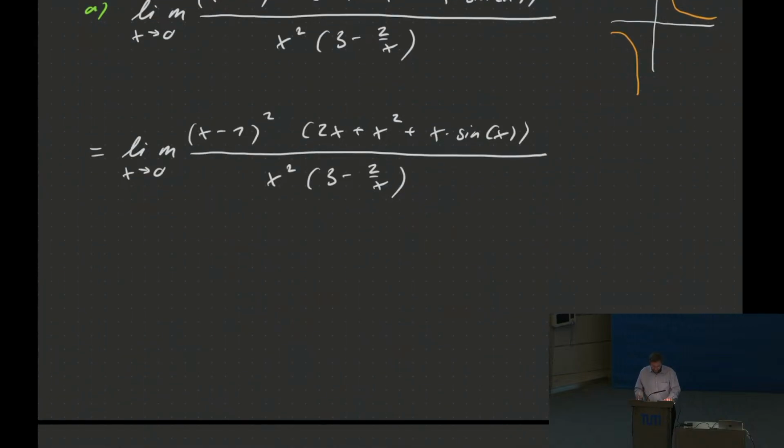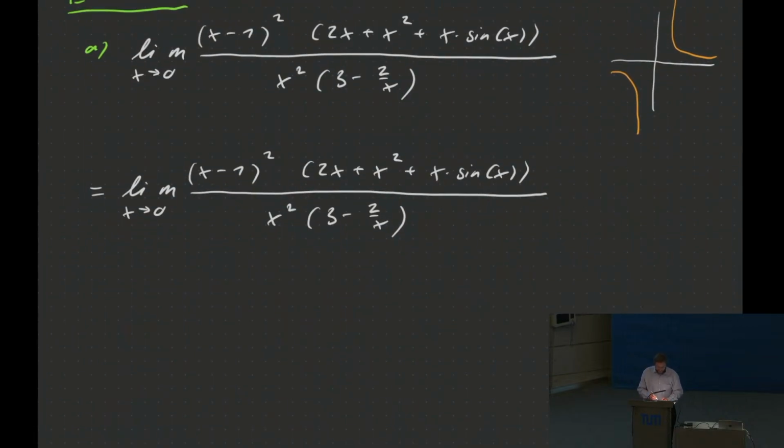Okay, what is the right reformulation? Well, if you look at the numerator first, you will hopefully see that there is an x here, here, and here. So you could factor that out first. And that should always be an approach, trying to simplify the expression at hand as much as possible.